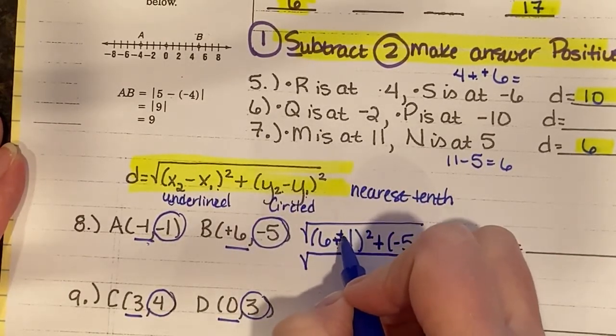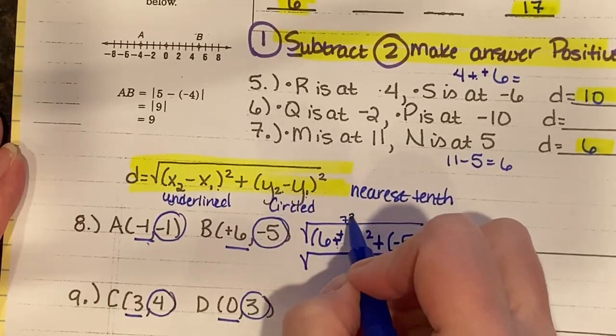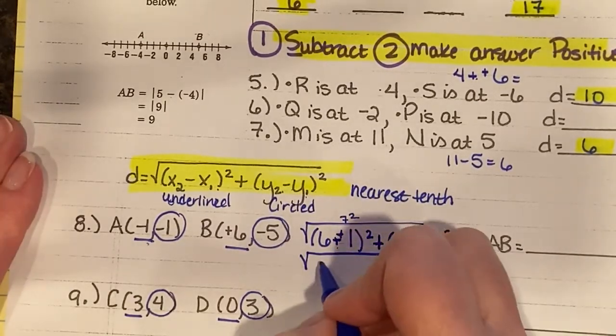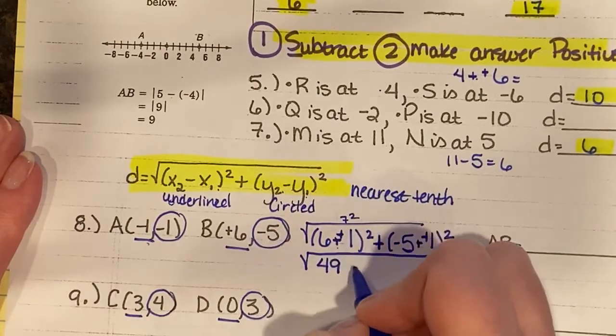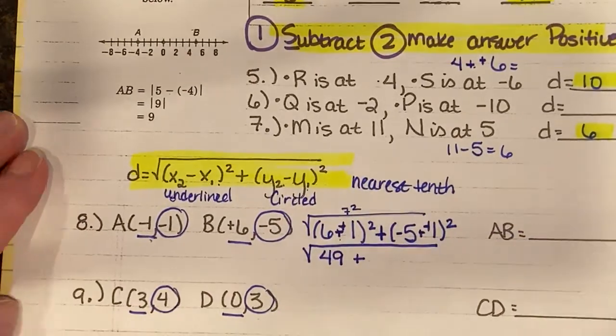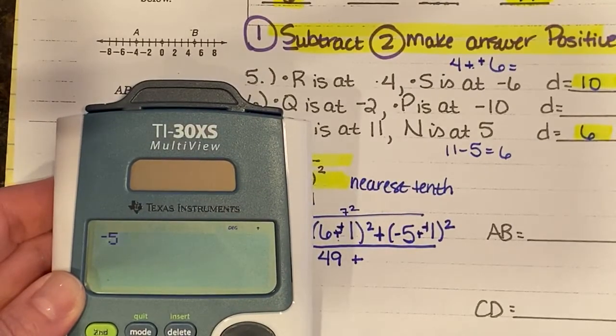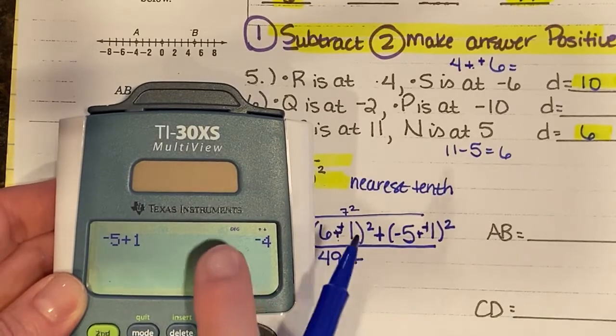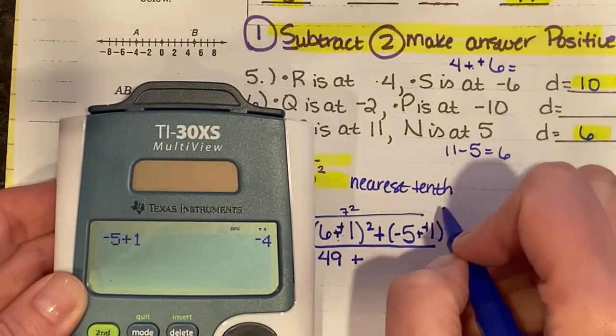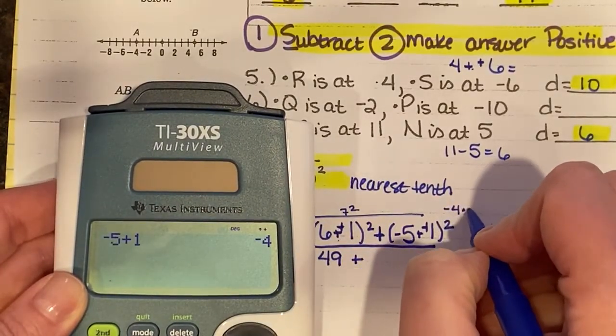6 plus 1 is 7. 7 squared. 7 times 7 is 49. Now, yes, I know that one has a negative, so you can use your calculator. Negative 5 plus 1 is negative 4. Now, remember, we're not worried about that sign right there. Negative 4 times negative 4.